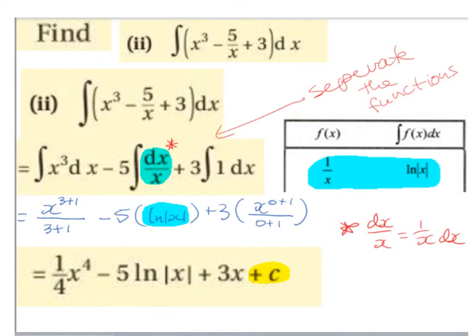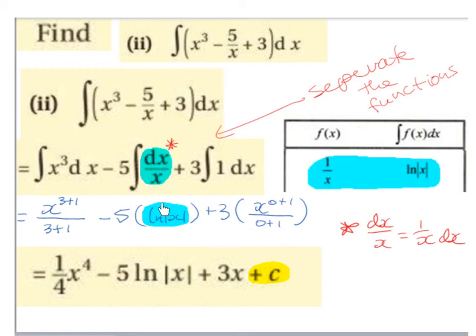Okay, so now we integrate. So x cubed dx, we add on 1 to the power, x to the power 3 plus 1 over 3 plus 1, gives us x to the power of 4 over 4, which is a quarter x to the power of 4. So again, the minus 5 is brought out in front, and to integrate dx over x, which is really 1 over x dx, the integral of 1 over x is the natural log of x.